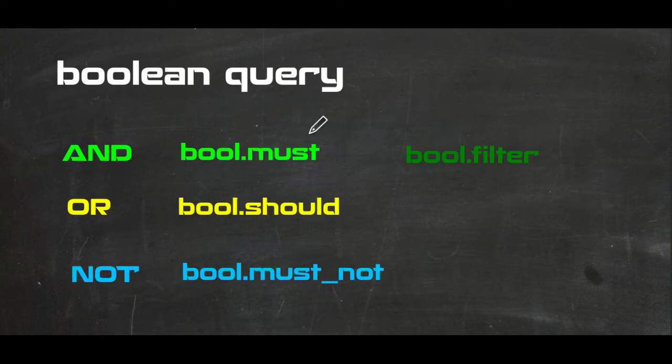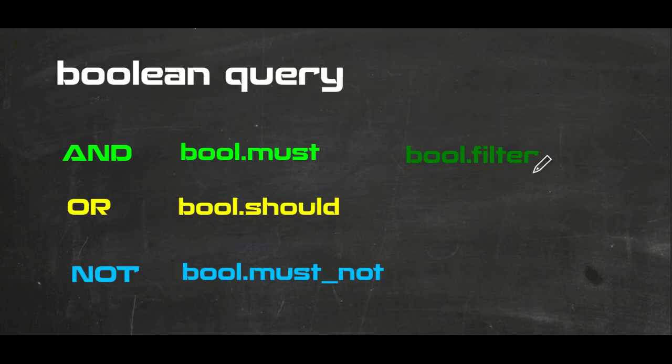When we write anything inside bool.must, that query will contribute to the relevance score. But if it is written inside bool.filter, it will not have any impact on the relevance score. It is useful only when you want to filter out documents by any particular matching.